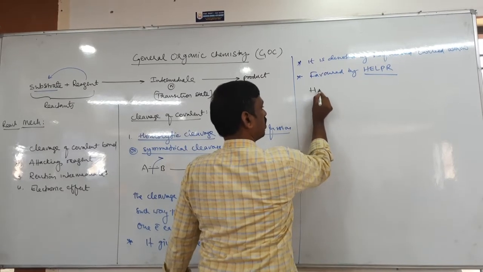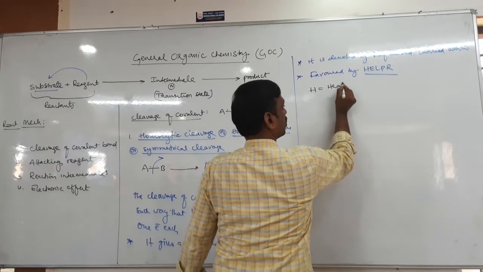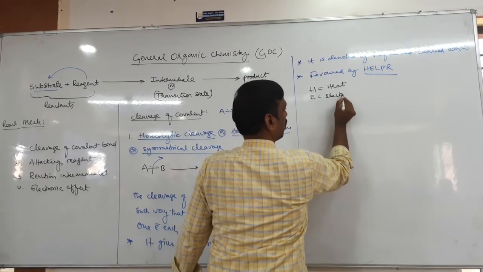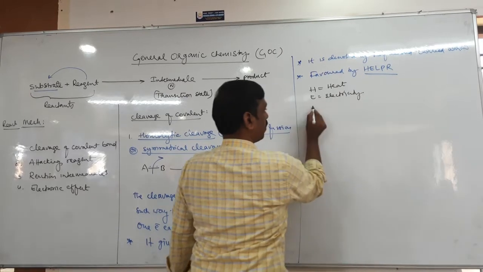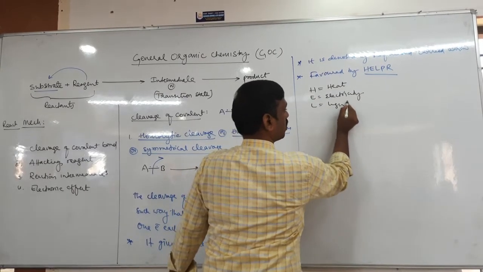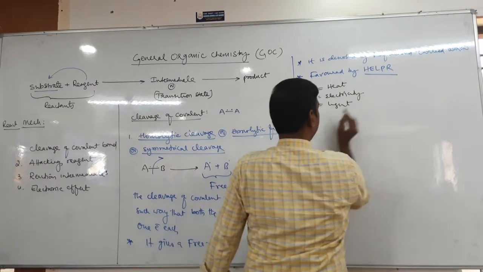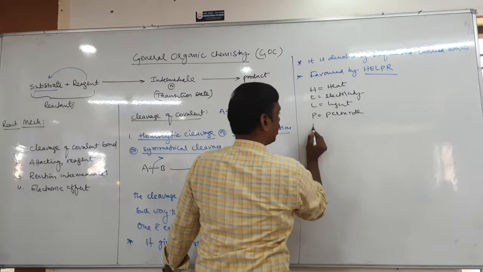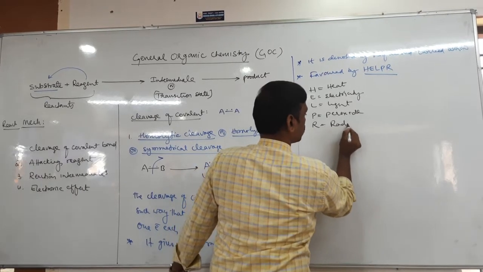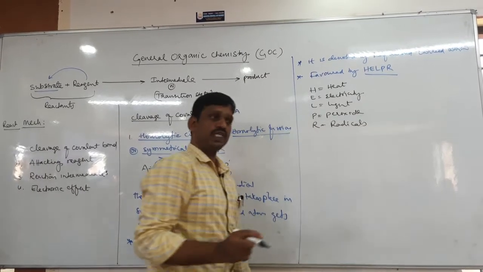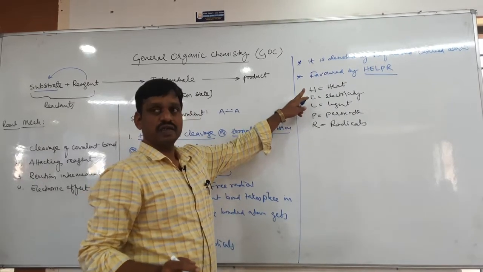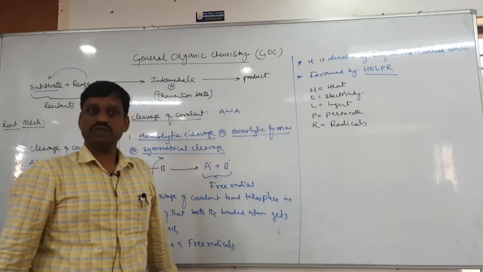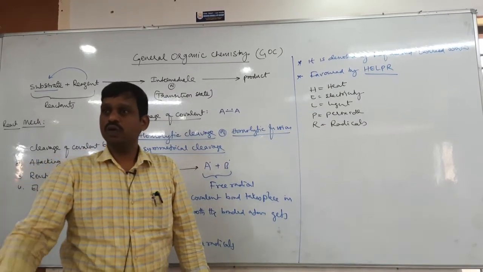H is heat, E is electricity, L is light, P is peroxide, and R is radicals. Therefore, it is favored by heat, electricity, light, peroxide, and finally radicals. So this is about homolytic cleavage.